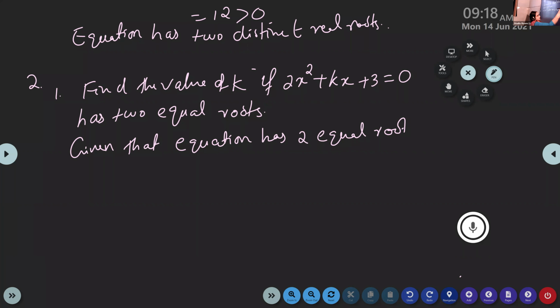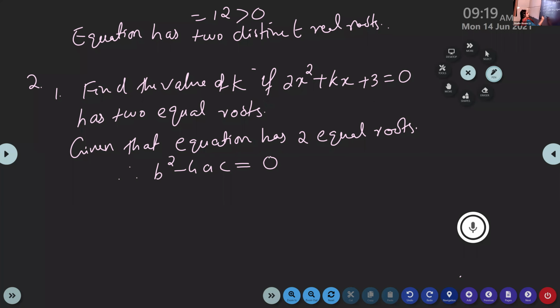This equation, 2x square plus kx plus 3 equal to 0, has two equal roots. And what is the condition? Therefore, we can say for equal roots, b square minus 4ac equal to 0.